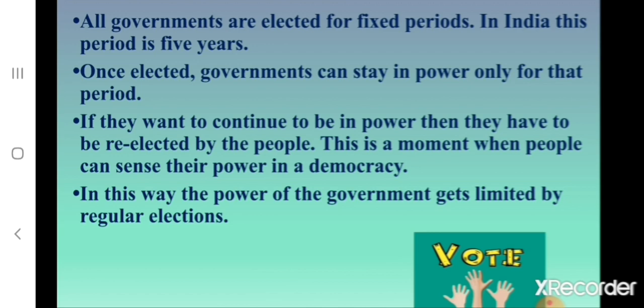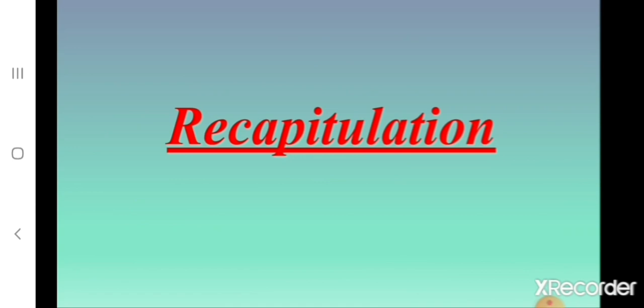In this way, the power of the government gets limited by regular elections. This means people cast their votes to elect their representatives, and this is one way by which people participate in a democratic government. Now children, let's recap what we have learned today in this lesson.